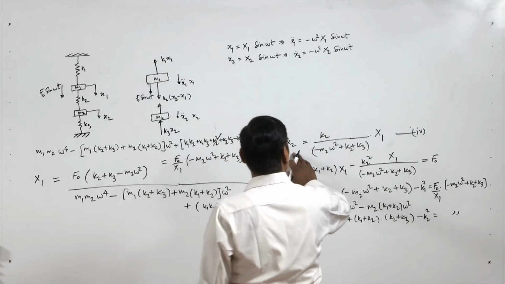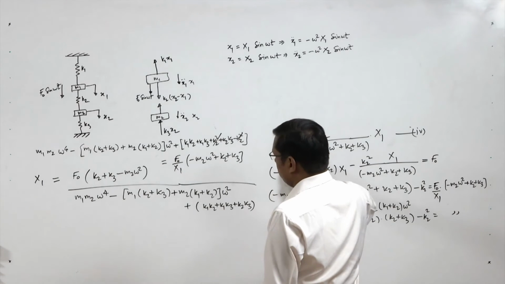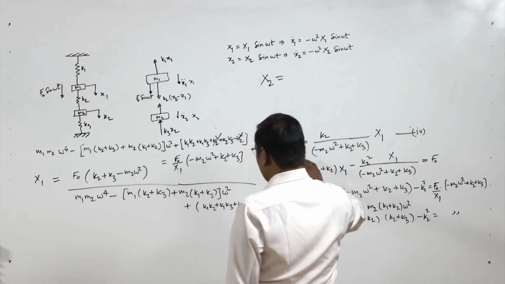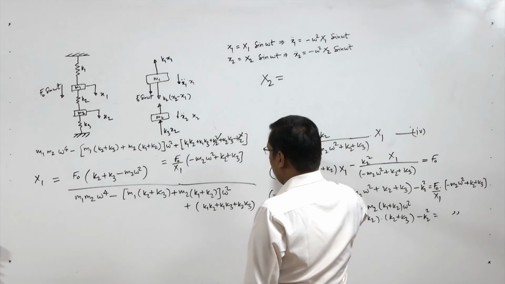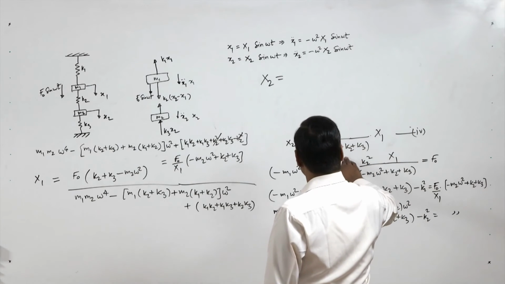And so we can get also x2. So x2 is equal to K2 x1 by this term.